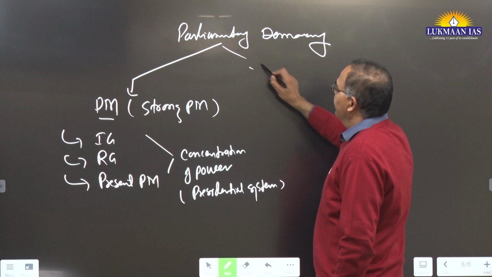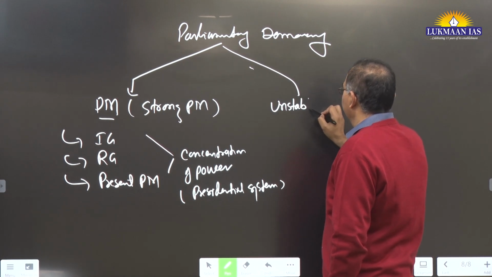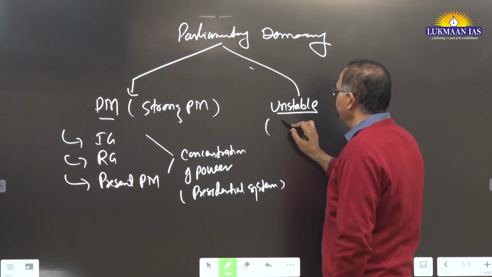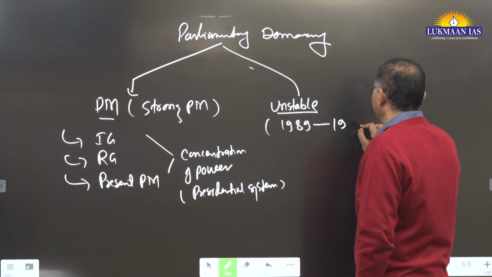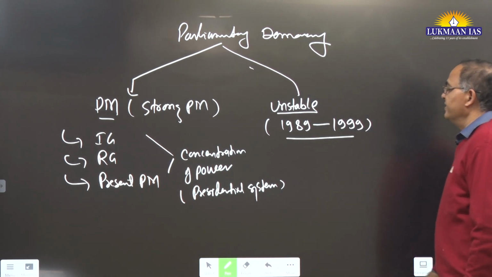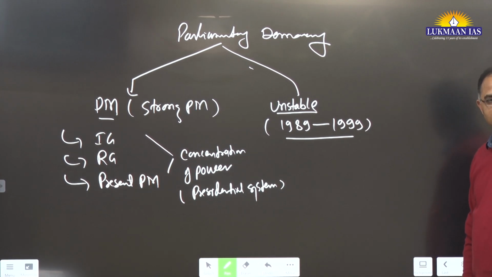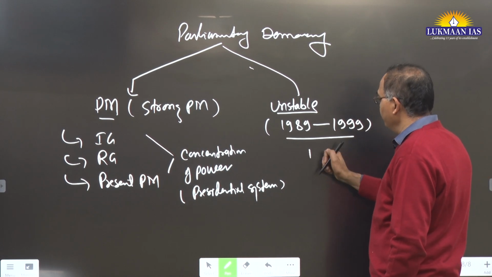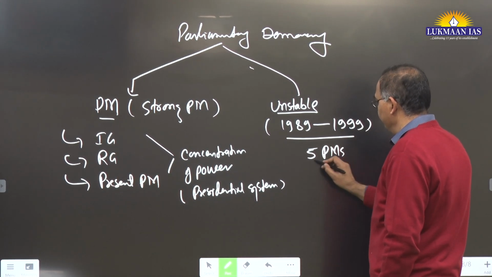Now, next is instability. You know that we have been unstable, the most unstable phase being 1989 to 1999, when we experienced 5 PMs.